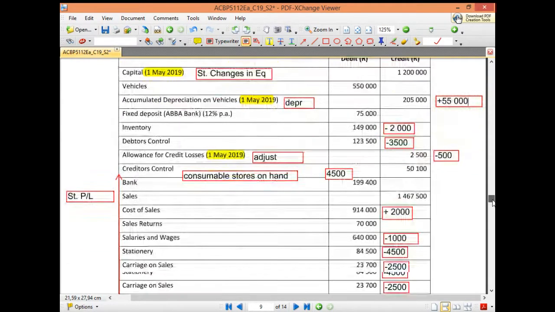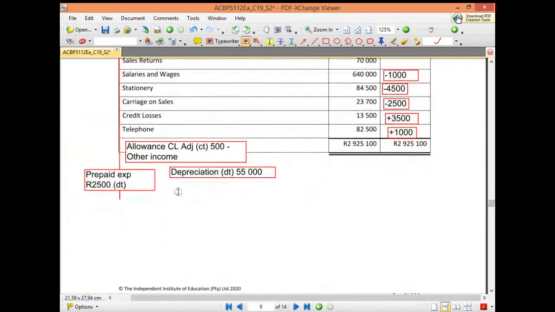So our interest on fixed deposit, which is also other income, would be your 75,000 times your 12%, which would be 9,000 Rand. Okay, so that would still also have to be included.